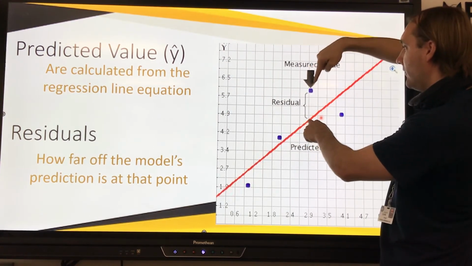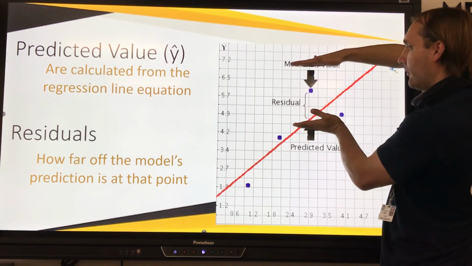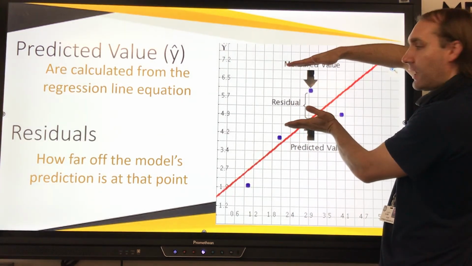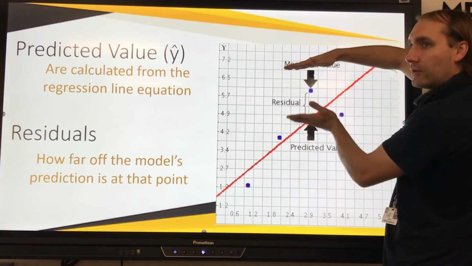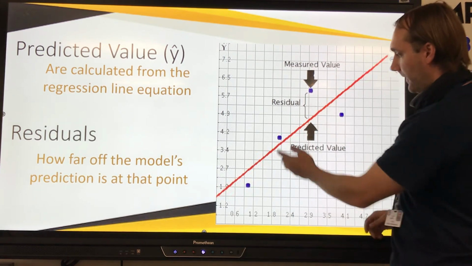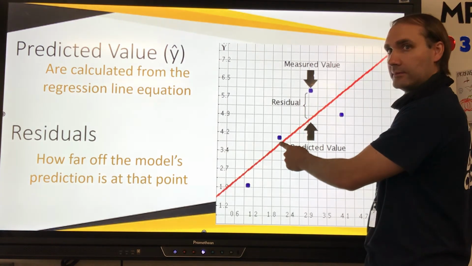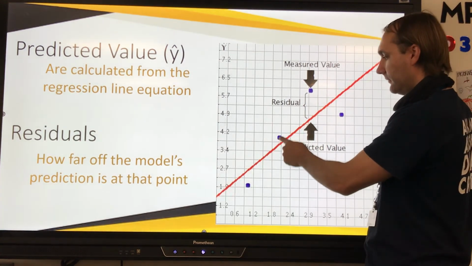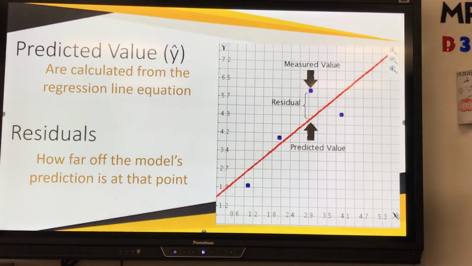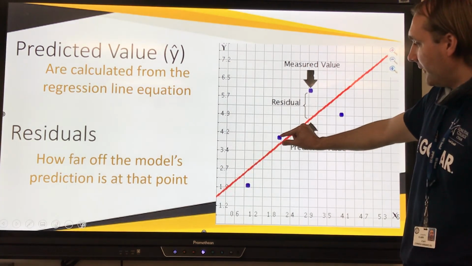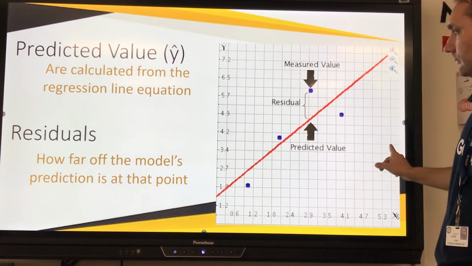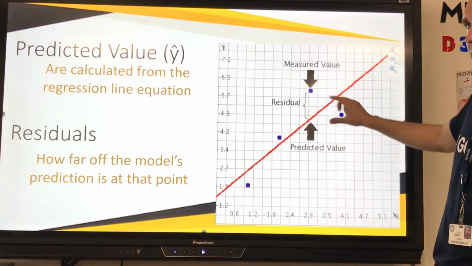The actual measured value was a 5.7, so that residual is the difference between the two. How far was that point from your regression line? Here, this had a lot better predictive value compared to the measured value, a smaller distance. So this residual value would be a lot smaller than this one. This is going to help us find outliers with scatter plots.